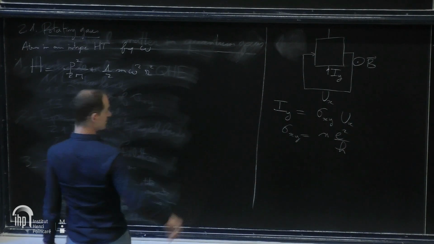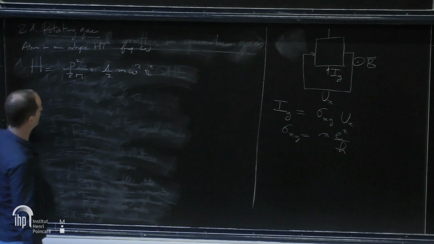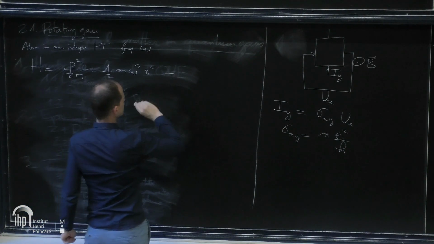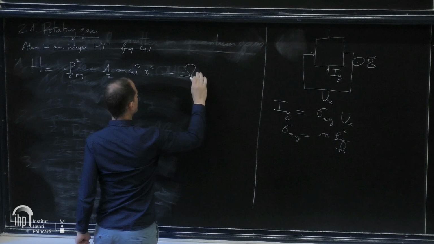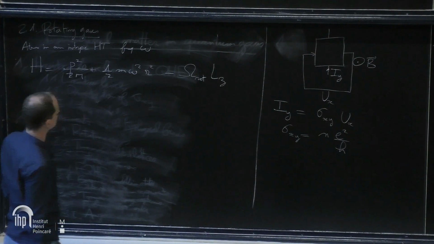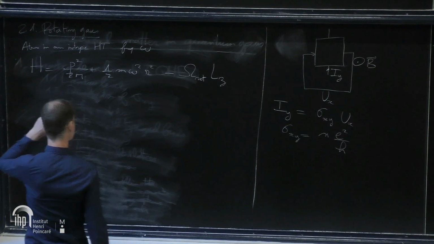In order to get the last term, you have to remember that if we consider a physical system in a non-inertial rotating frame, then in the rotating frame, the Hamiltonian has to be expressed as the Hamiltonian in the lab frame minus the rotational frequency omega rot times Lz.